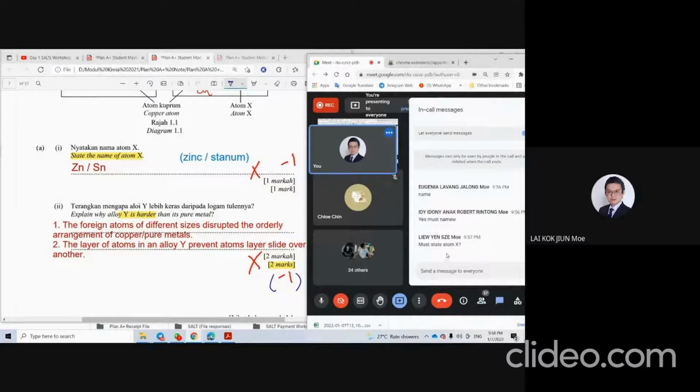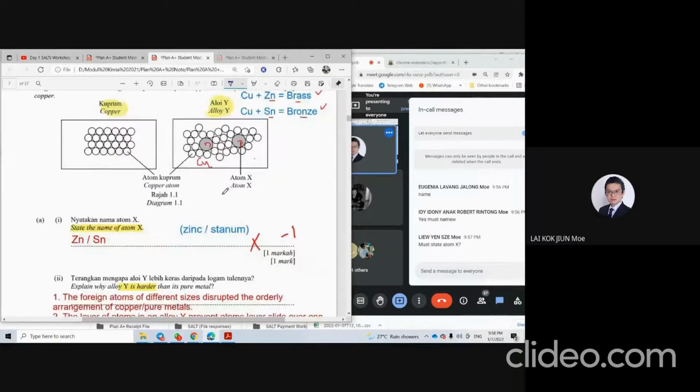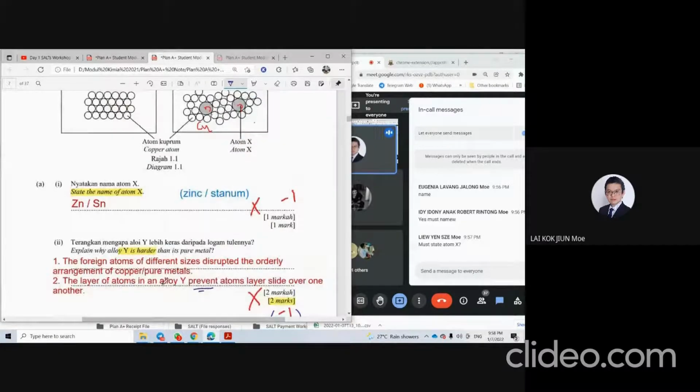Iggy, why? Must take atom. Because of the prevent. Prevent, the word is not nice. How? Avoid can, Pavina? We can say difficult to slide. Which one? The alloy, the layer of atom in Y. The layer of atom in an alloy Y prevent atom layer slide over one another.